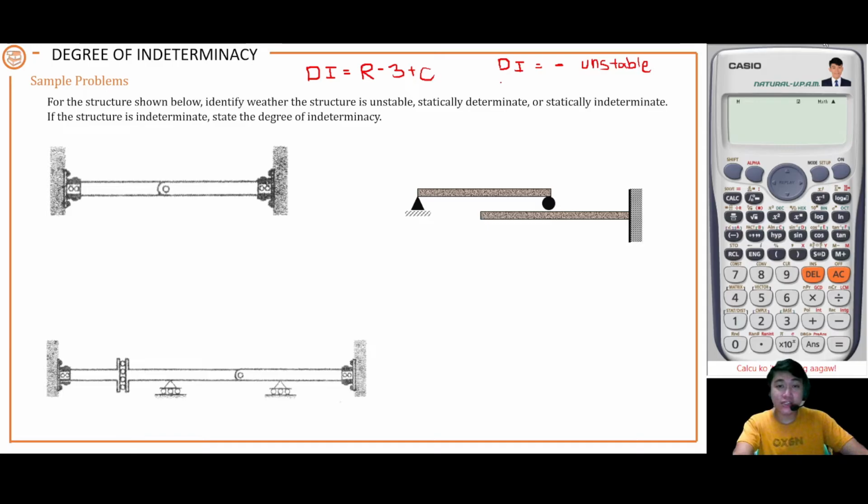However, if the degree of indeterminacy is equal to 0, that is stable and determinate.